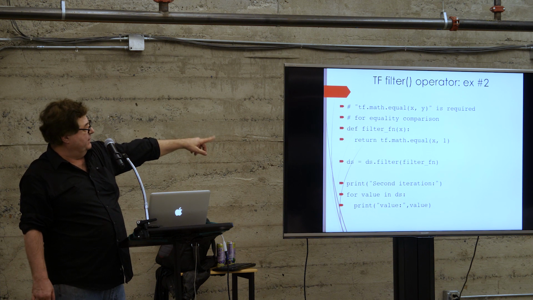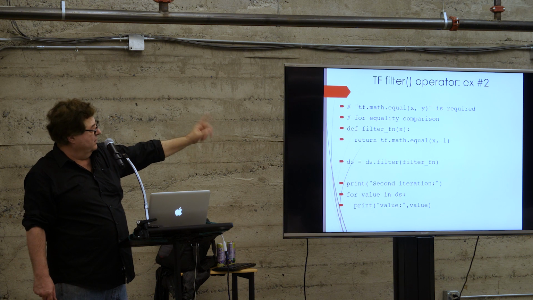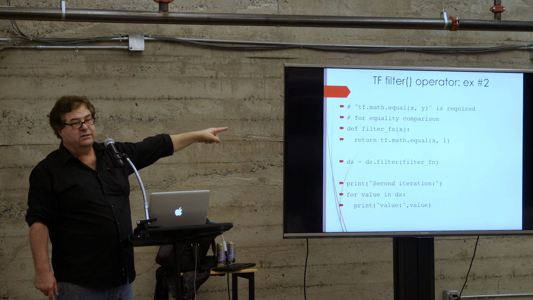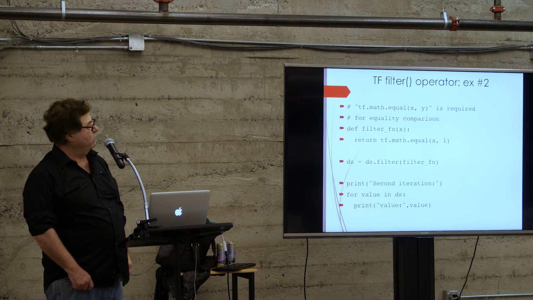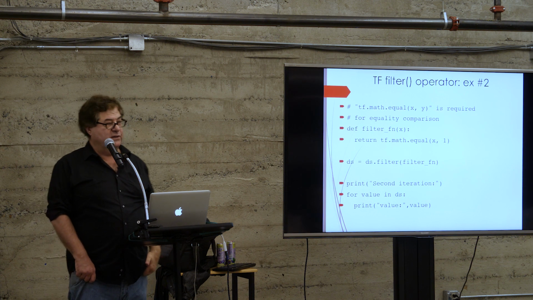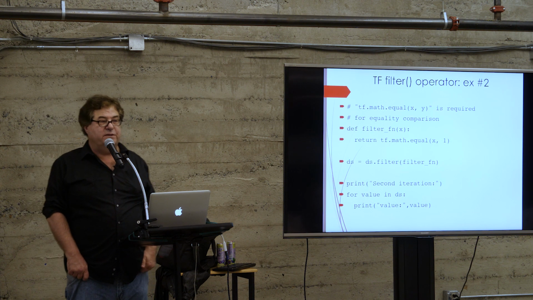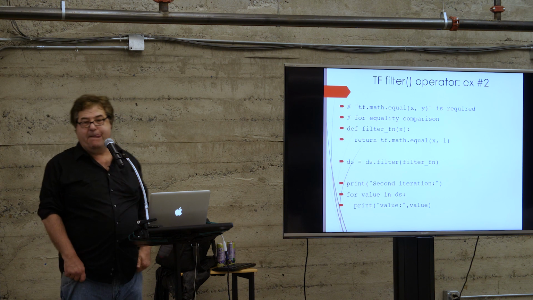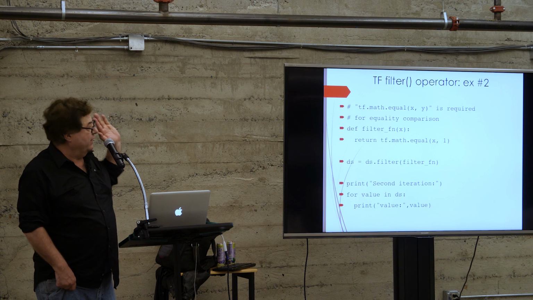So here we have a data set, the set of numbers, and now we invoke the filter method, which in turn references that Python function, which does what? Anytime a number comes in, when is it true? It's either true or false. When will it return a true? Equals 1. Correct.